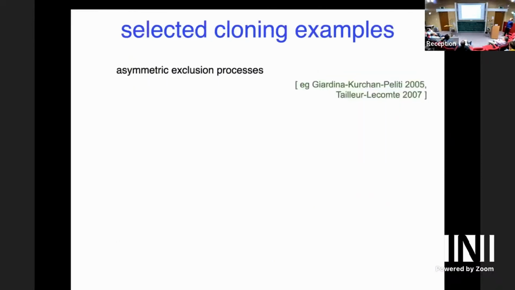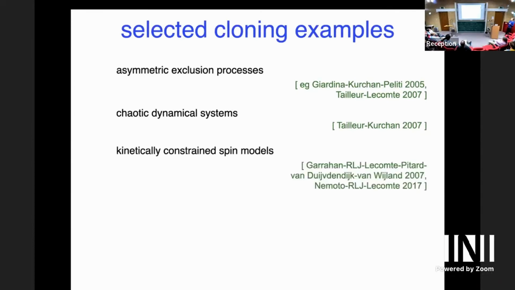Okay. So some examples of this. Asymmetric exclusion processes have been studied nicely by this. There are interesting things for chaotic dynamical systems to do with more or less chaotic trajectories being sampled. We did some work on kinetically constrained spin models using this method, including the work with Takahiro, where we used the control method. So these didn't really use the control method much, but here we tried to be clever with the control forces, and it seemed to help quite a lot.